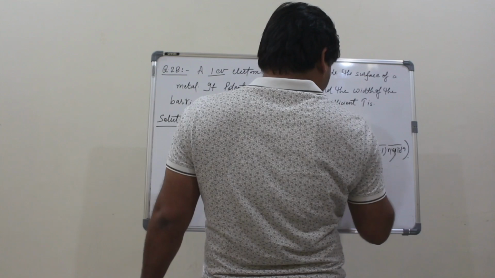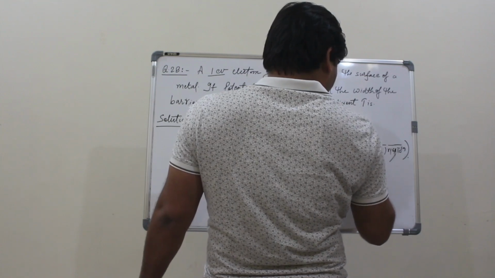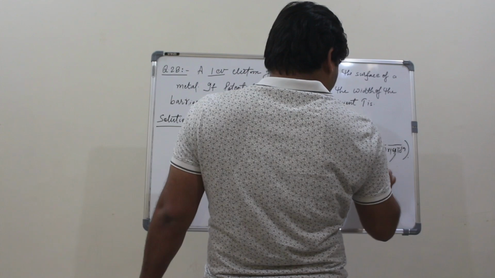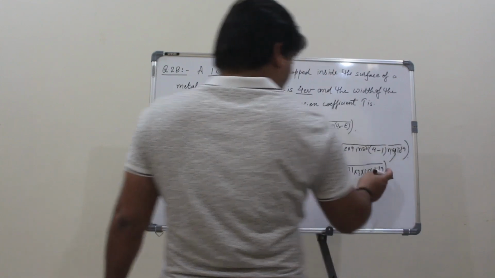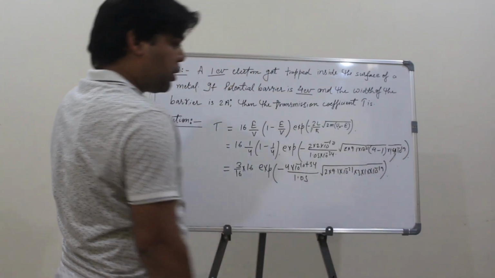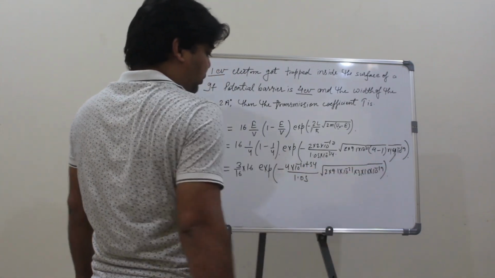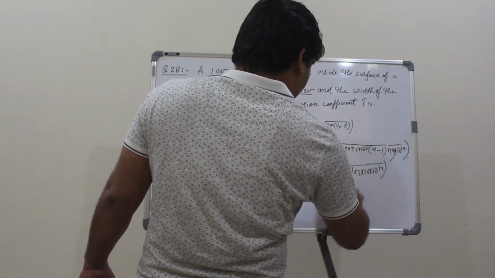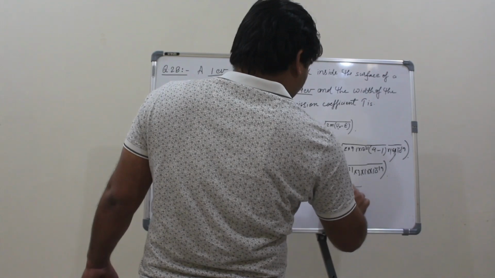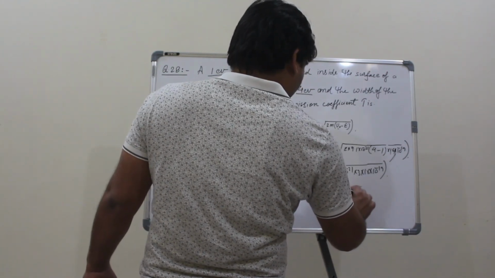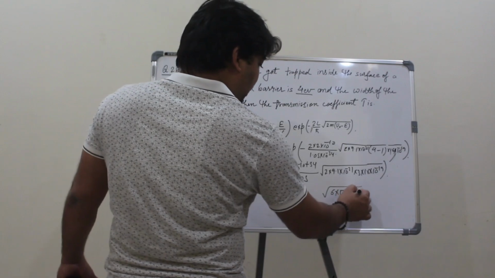Remember that. So 19 plus 31 is nothing but 50, right? And 3 into 6. So this gives you root 6 into 10 to the power minus 50 into 9.1, right?